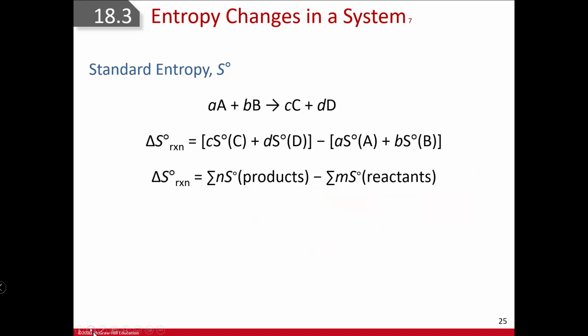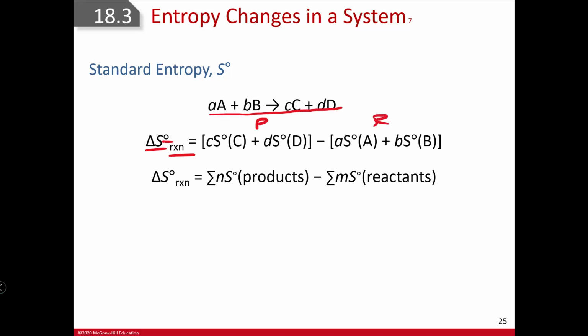All right, so this equation is really important, and it looks pretty much like the equation we saw in chapter 5 with enthalpy. If I were to measure the standard change in entropy of the reaction for this general equation up here, it's always products minus reactants. That's what we have in these brackets.